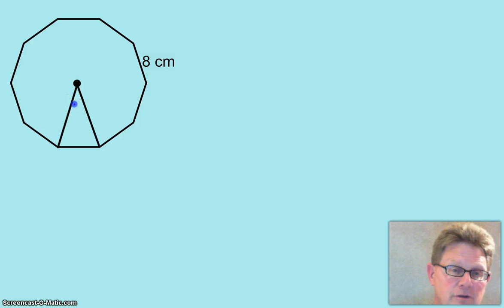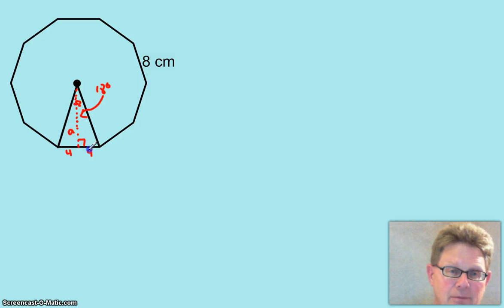Okay, the measure of this central angle, 360 divided by 10, 36, but when you drop that apothem down, you're going to bisect the angle, so that's an 18-degree angle right in there. And when you drop that apothem down, you also bisect the base, so each half is 4.